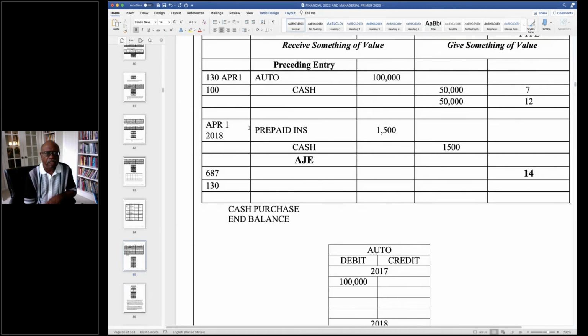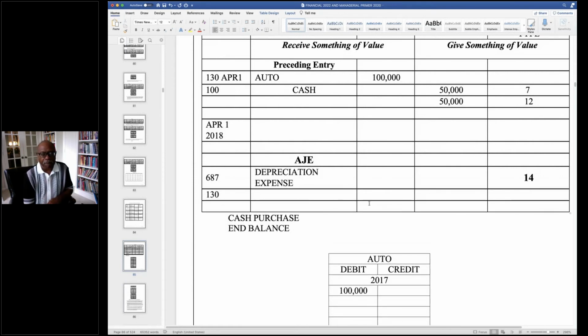So we're going to come in here, take these out, and we're going to debit depreciation expense for 25,000. I don't worry about the account number at this point. And we're going to credit what? Accumulated depreciation, auto.